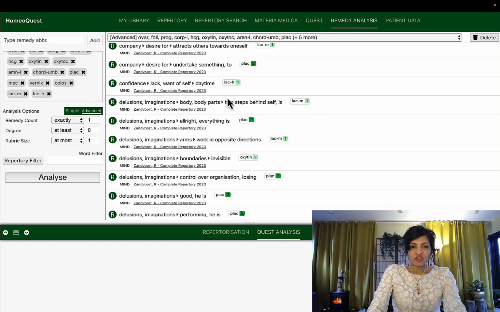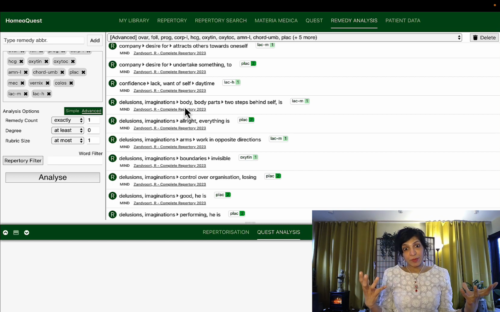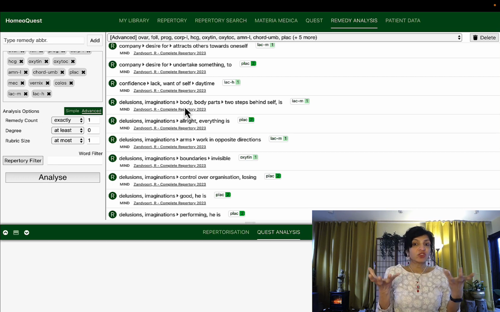Now lac maternum, interestingly, is a very interesting remedy because there is a division of self. There are 2 aspects to them, whether they are a mother or whether they are the baby. And they can have both states coming up together, as we saw in our patient in the journey to motherhood, that she showed a very strong lac maternum state during her pregnancy in the first trimester when she felt she wanted to be babied.